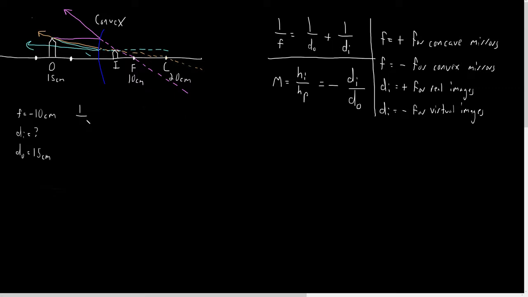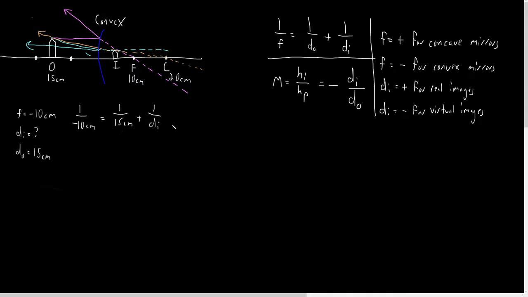So I've got 1 over F, which was negative 10 centimeters, is equal to 1 over the distance of the object, 15 centimeters, plus 1 over DI, which is what we're looking for, so I'll leave that as DI. The first thing I'm going to do is subtract 1 over 15 over.